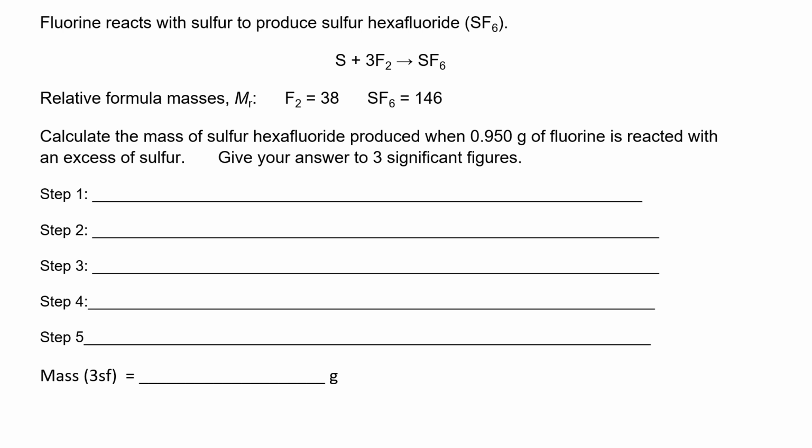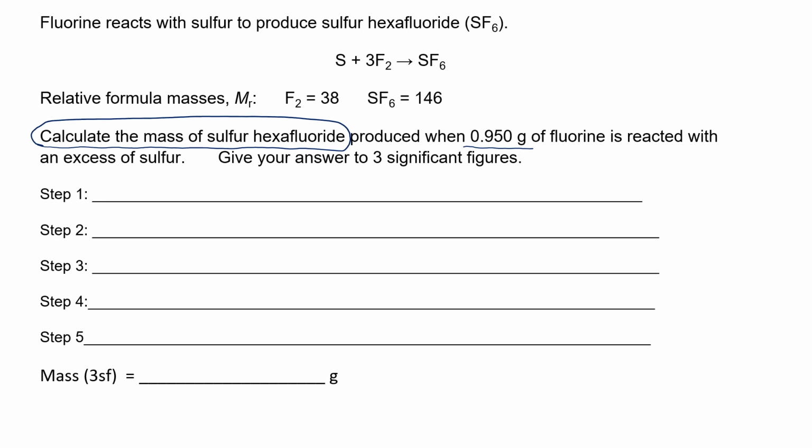So first of all, we can see that we're going to box off the command, which is asking us to calculate the mass of sulfur hexafluoride. And then other important information, it gives us the amount of fluorine that's reacted with excess sulfur, 0.950 grams.